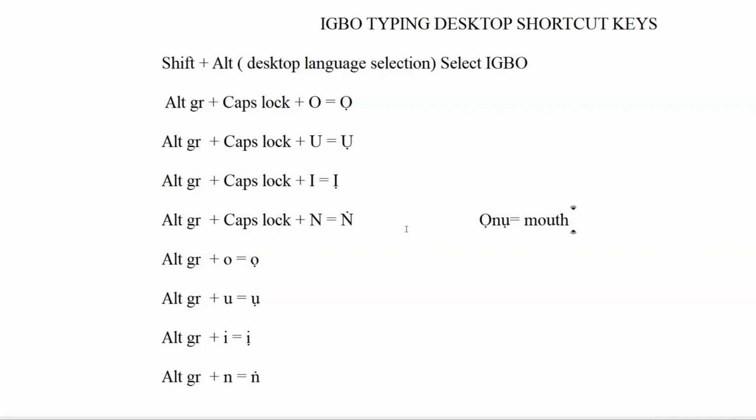Okay, so let's type to drink. Ino. So how are we gonna do it? Put your caps, put your I, then remove your caps, put your N. Hold your Alt GR, put your N, then type your U. Equals to drink. So this is how you do it.